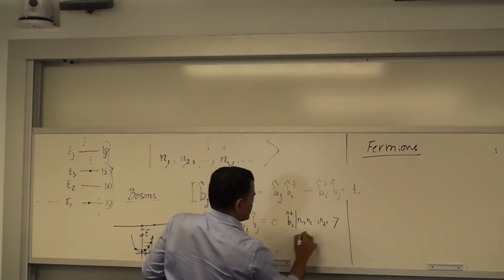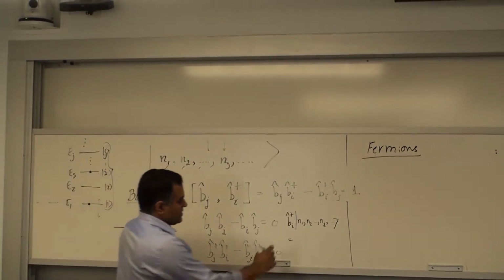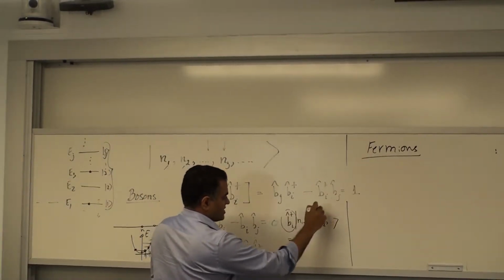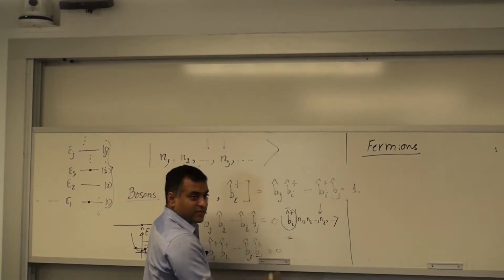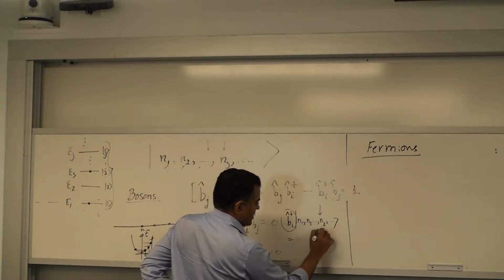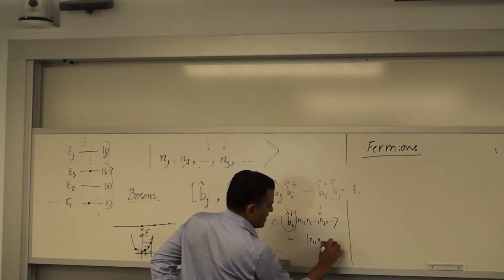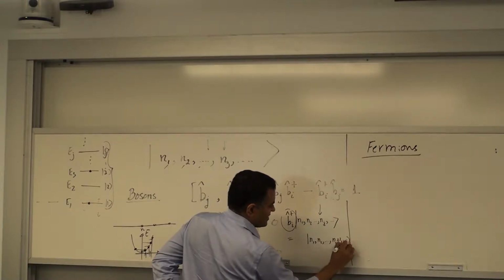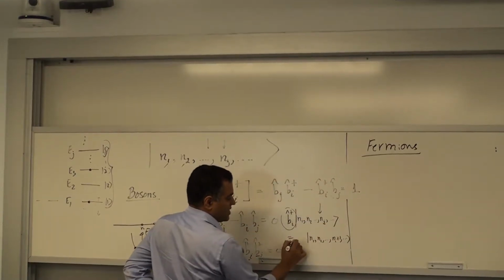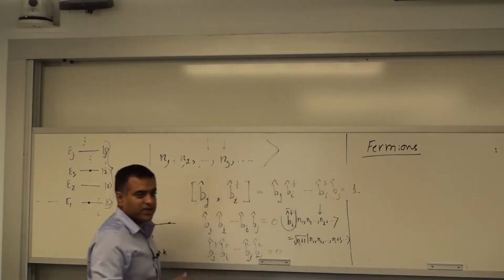What will that give me? It will raise the number of particles in the ith orbital by exactly 1. That gives me a new state which has Ni plus 1, and everything else it doesn't touch. Outside you get the square root of Ni plus 1 as a normalization factor.